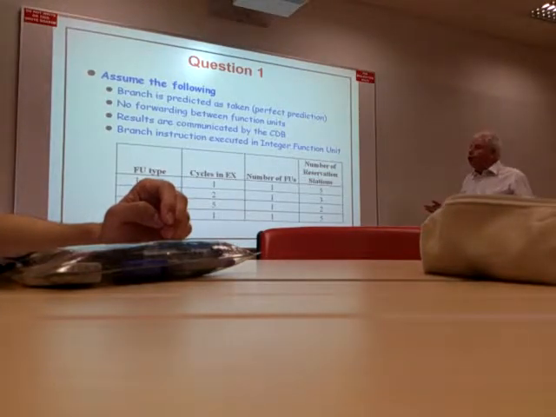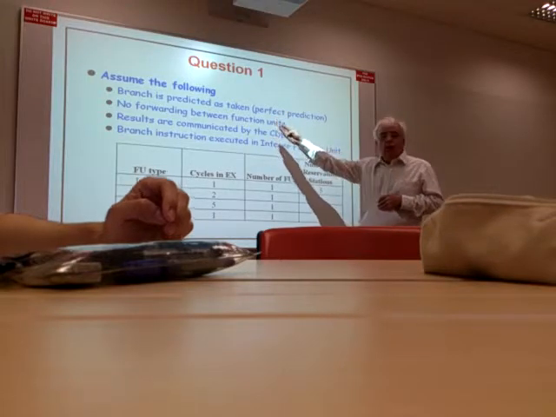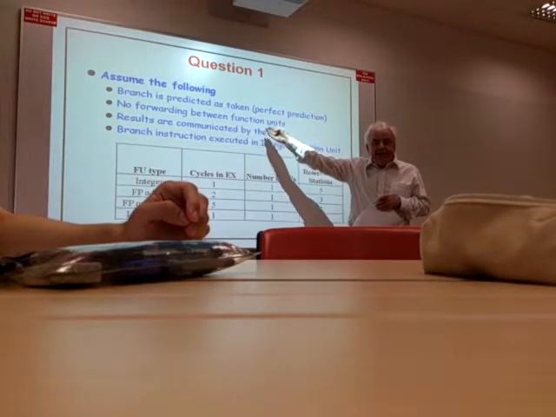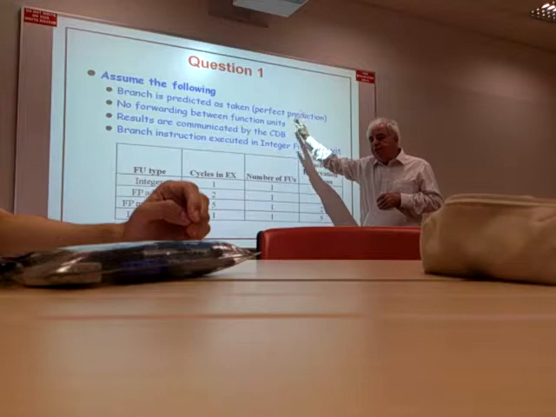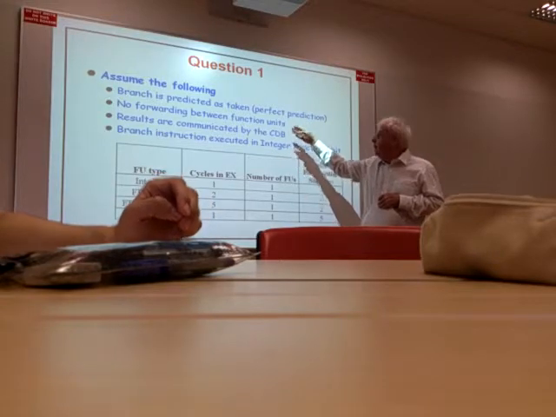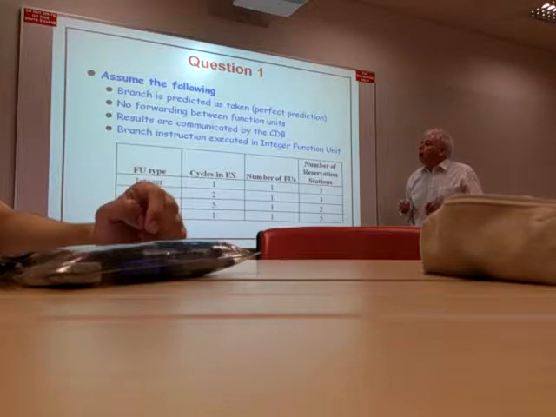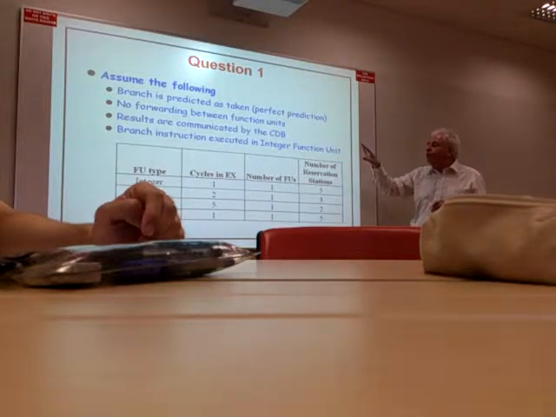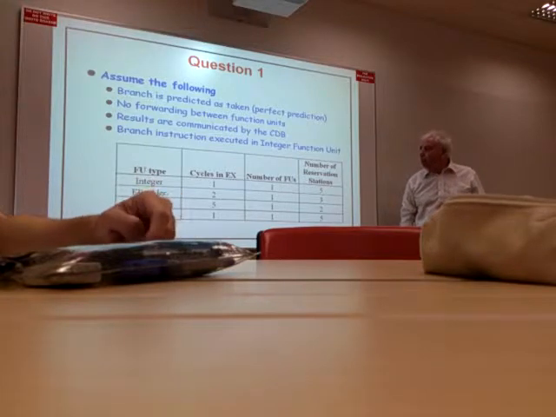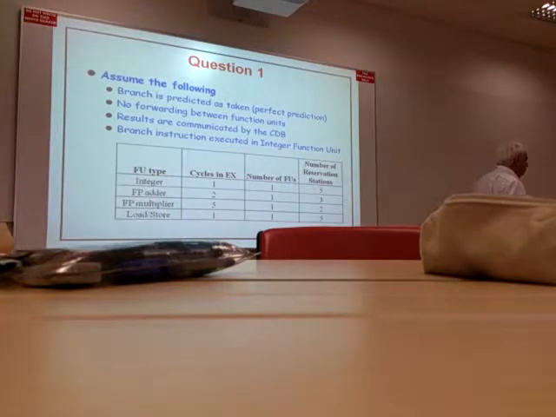We're going to assume that we predict the branch as being taken. So for the different iterations of the loop, that will be the correct prediction. We also assume there's no forwarding between function units except on the common data bus.